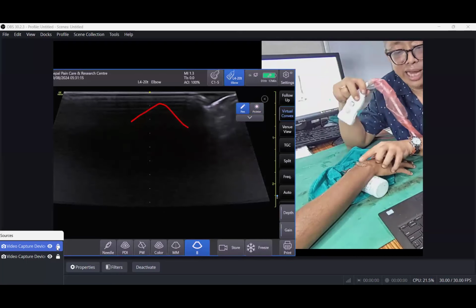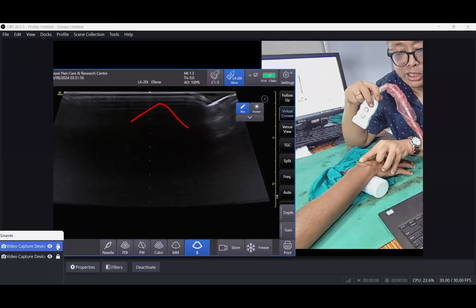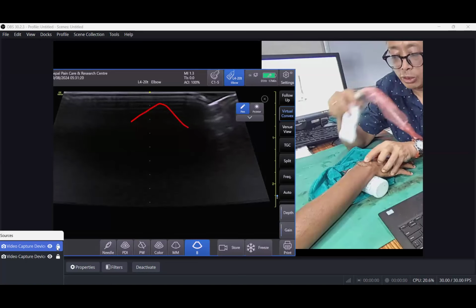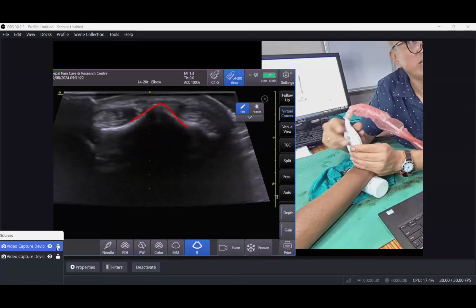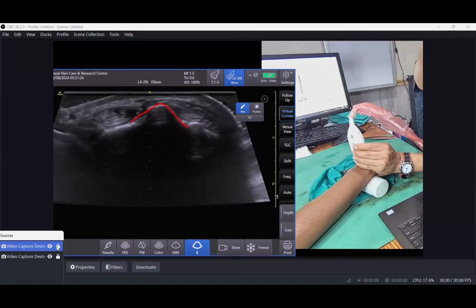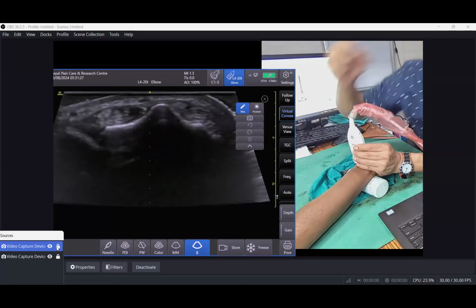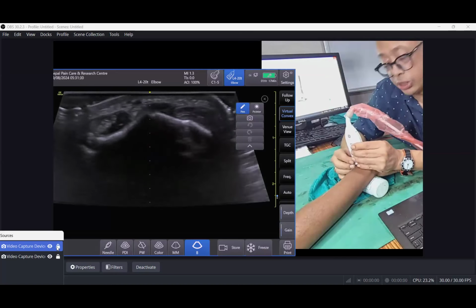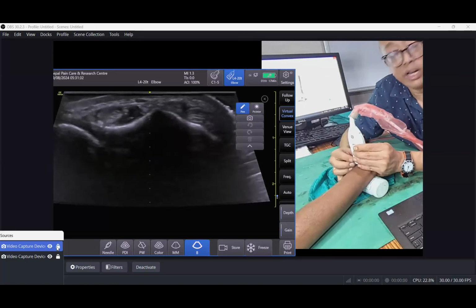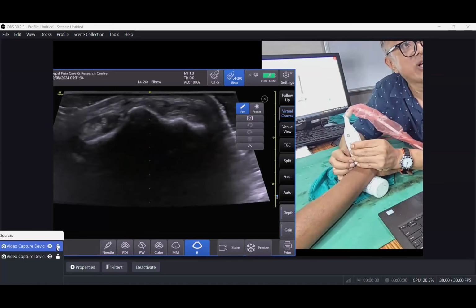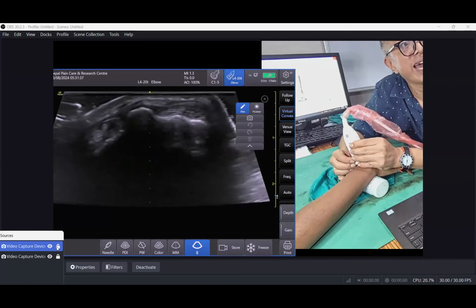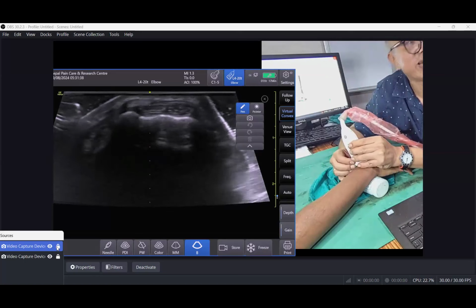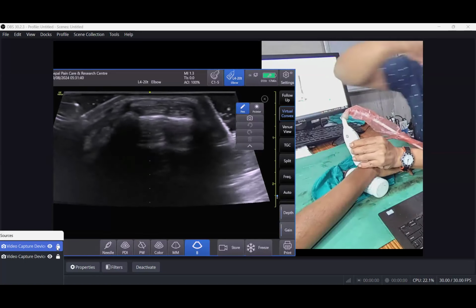Actually, you can very nicely palpate the Lister's tubercle in the distal end of the dorsal aspect of the radius. Okay, you just put your probe like this. So basically, what this Lister's tubercle does is it divides compartment number 2 from compartment number 3. If you come to the radial side, then this is compartment number 2, where you can see nicely two tendons, extensor carpi radialis longus and extensor carpi radialis brevis.